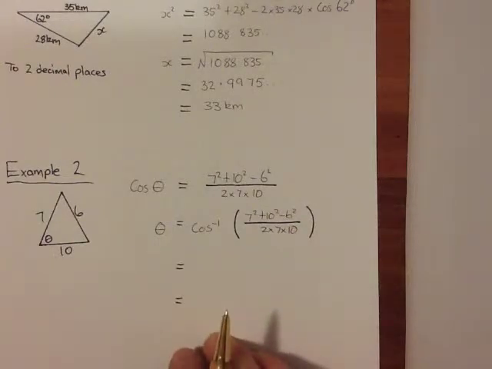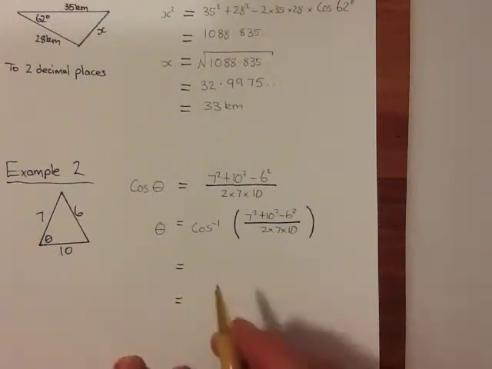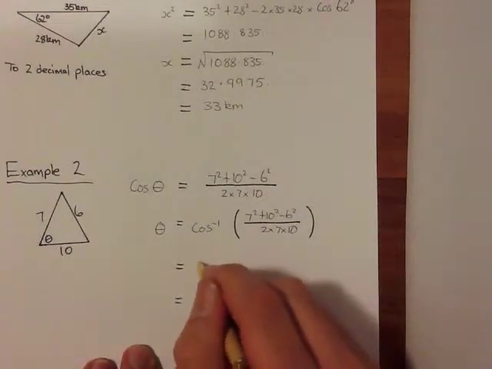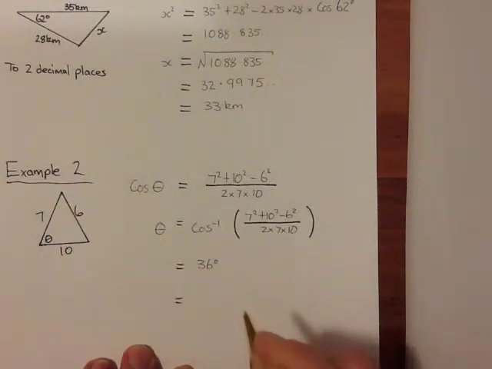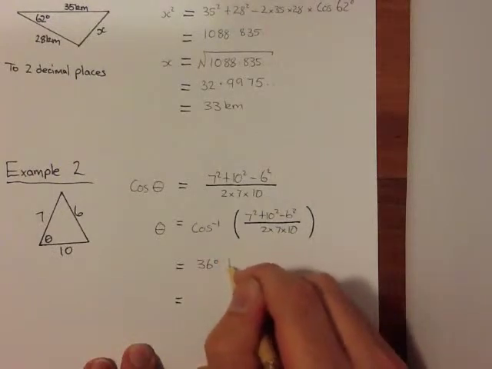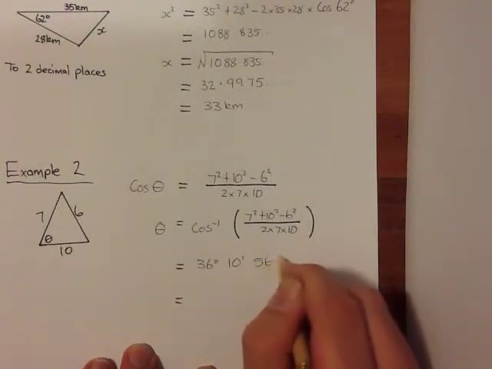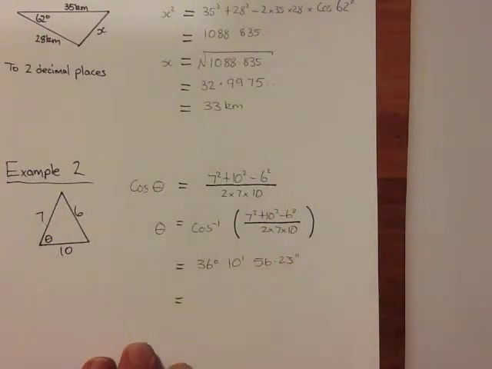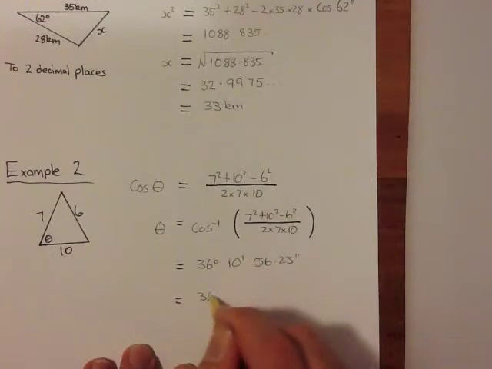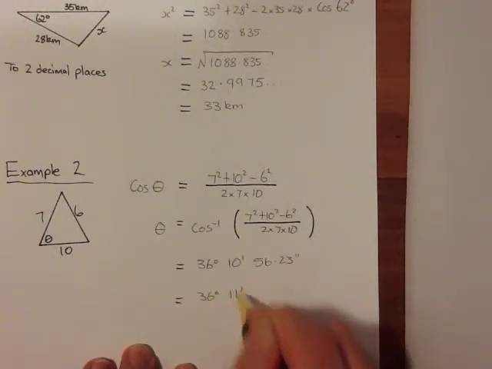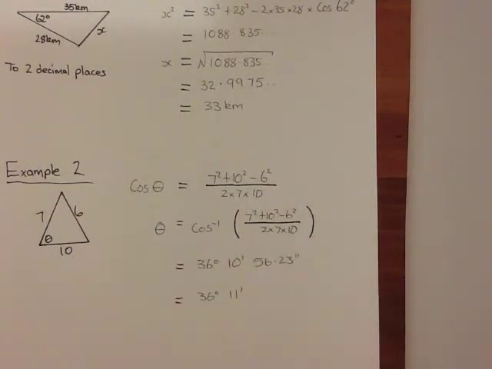When you press equals on your calculator, it will give you the answer 36 degrees, 10 minutes, 56.23 seconds, and that rounded to the nearest minute becomes 36 degrees, 11 minutes.